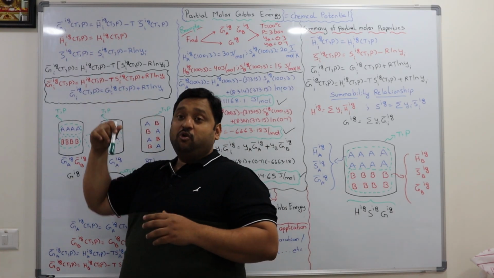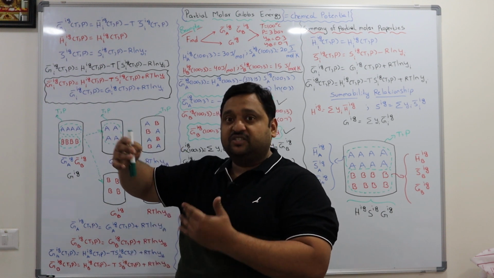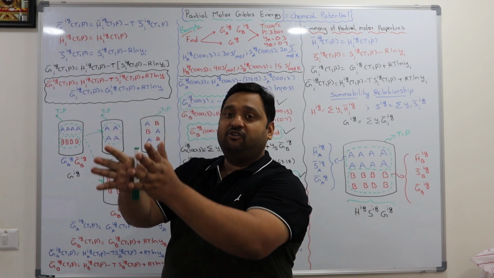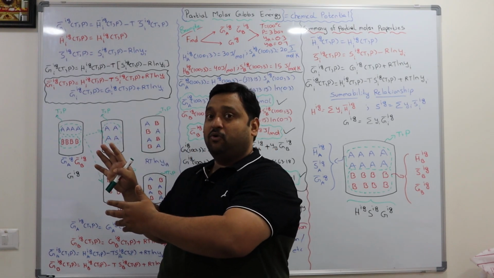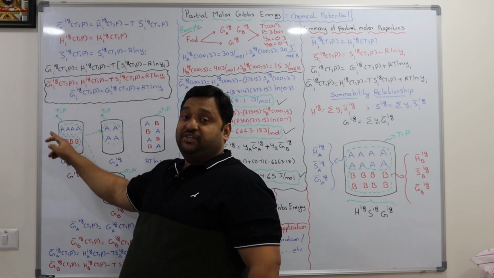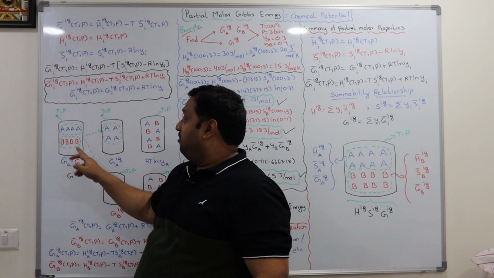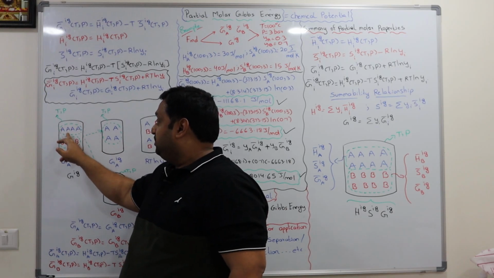Let us discuss this partial molar Gibbs energy. Because we are going to use the last two lectures' formulas, we have already evaluated the partial molar enthalpy and the partial molar entropy. There is a mixture, and our agenda is to find the partial molar Gibbs energy of A in this mixture and of B in this mixture.